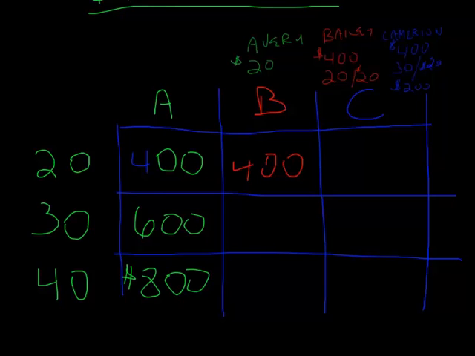What happens at 30? Well, let's see here. We know that Bailey is always going to make the 400. But now she's exceeded the 20 case limit by 10. Pretty simple math: how much is she going to get extra in her paycheck?